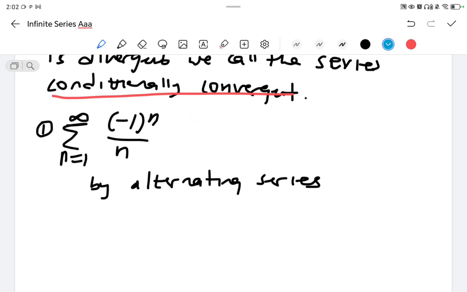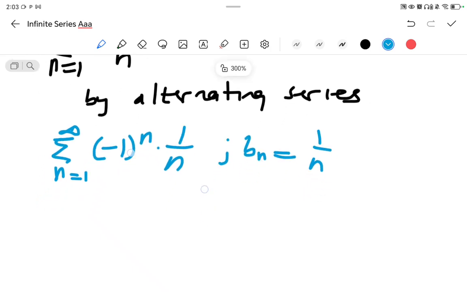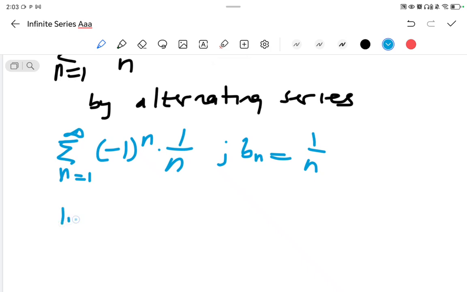If I take that and write it like this, and then I have my bn equals 1 over n. Then I say the limit as n approaches infinity of 1 over n will be 0. You agree? This will be 0.